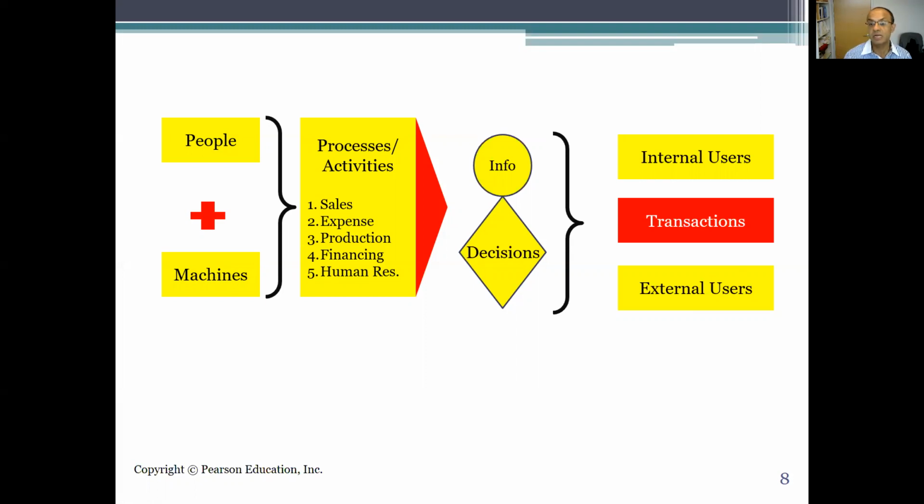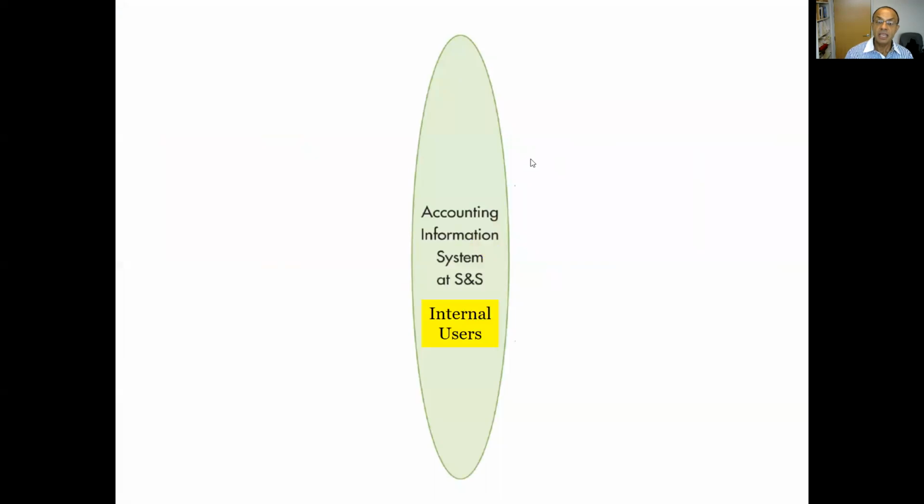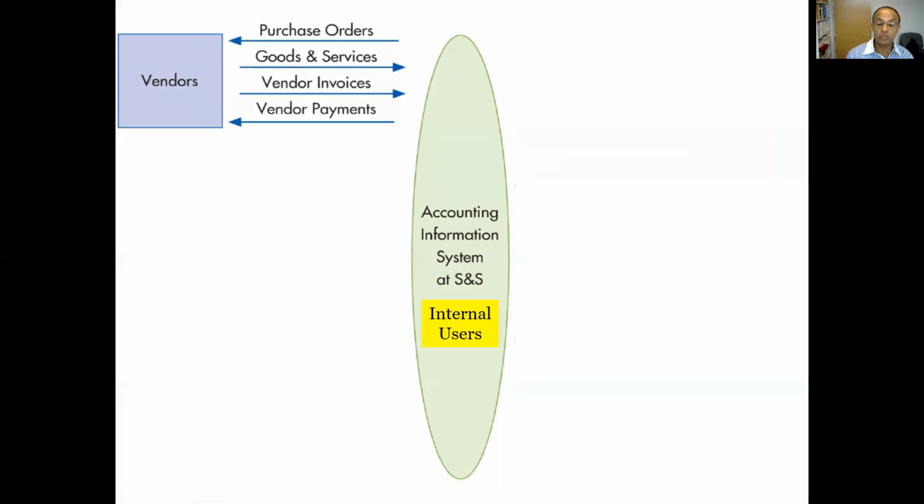Let me give you an example for that. Here is the accounting information system where we see the internal users, and here is the vendor, which is an external user. How do the internal and external users get engaged together? First of all, we send an order to the vendor.